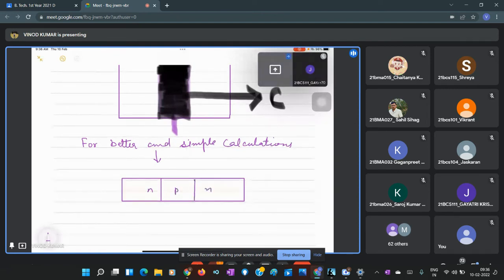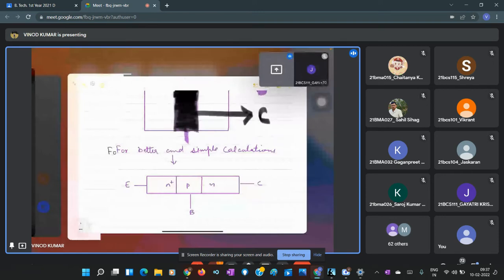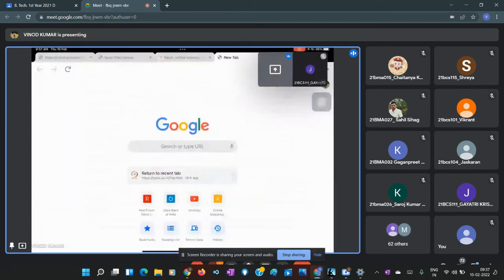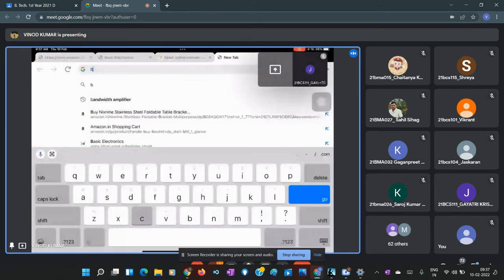And n positive means it is having the highest doping, right? So this is emitter, this is base, and this is collector. And if you see the transistor, we see 547.